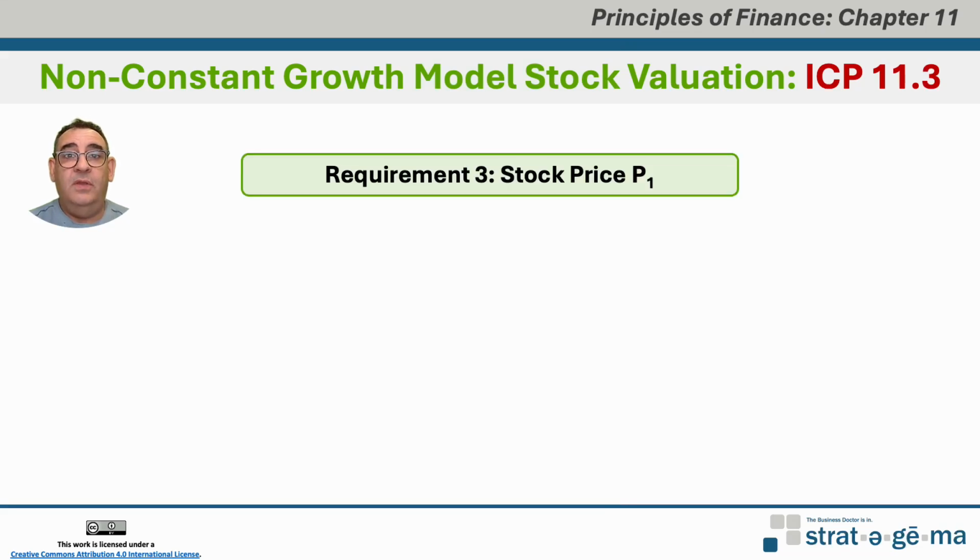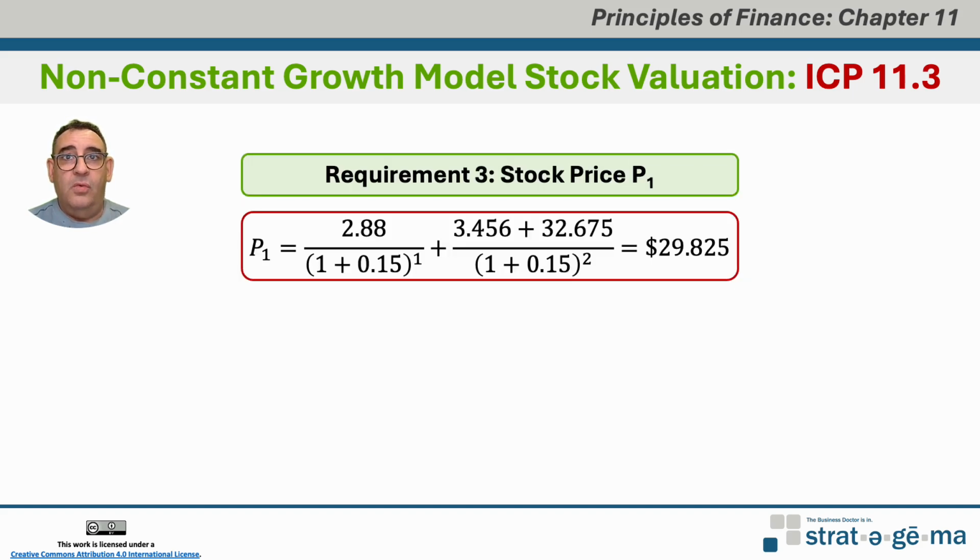Requirement 3, see if you can figure out the stock price P1, so the stock price at the end of the first year. Again, pause the video and give yourself a chance. The reason why I showed it the long way in the last example is that if we show the same method for calculating P1, we'll notice that that first term where D1 divided by 1 plus 0.15 is now missing because we've moved one period down the timeline.